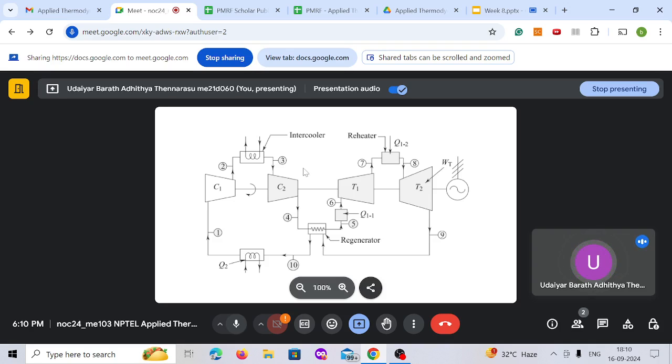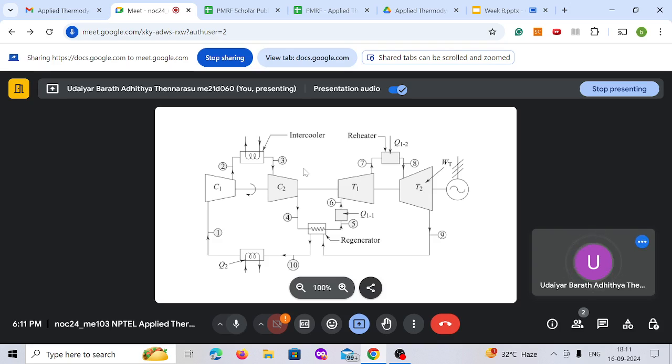As we also saw similar processes in the Rankine cycle, these are all employed to increase your efficiency and so on. We saw how the efficiency was affected by employing intercooler, reheater and regenerator in the Rankine cycle, and how it also improved our quality requirement at the exit of the turbine.